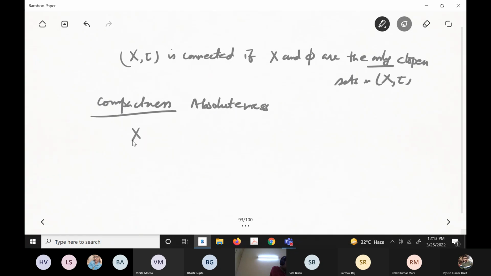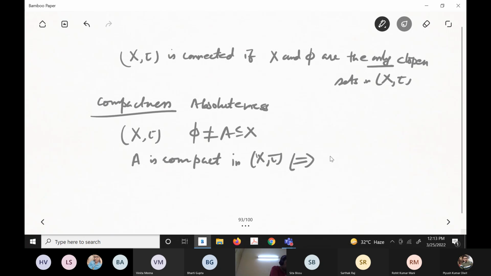If you have a topological space X and a subset A of X, then A is compact in X with respect to the topology tau if and only if A is compact with the subspace topology.